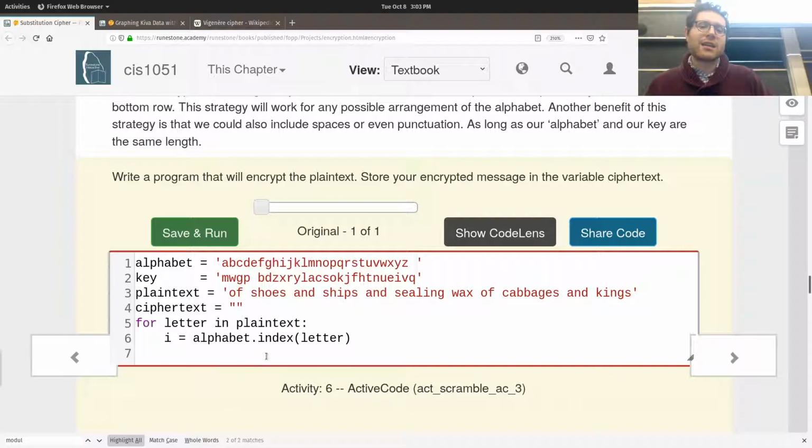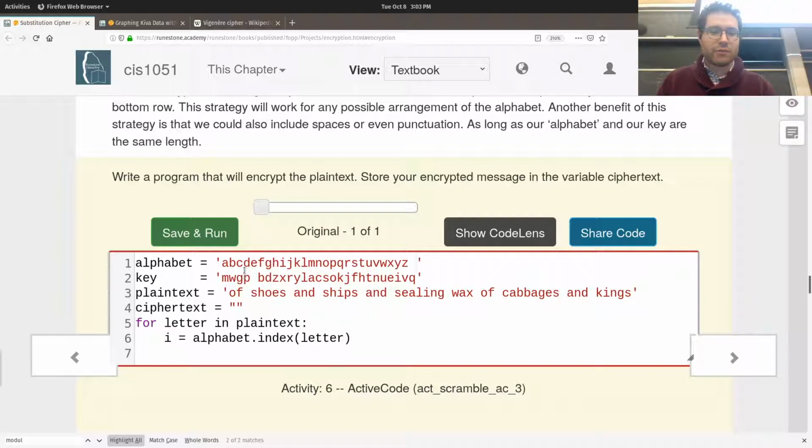It gives me the index of the letter. So if I pass in D, it's going to return 3, which is the index where D appears in alphabet. That makes sense to everybody? Index is a fairly straightforward function. Get the index of D. Okay, it's 3. And I'll store it.